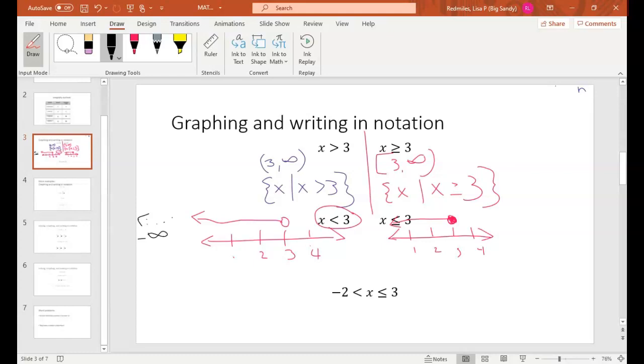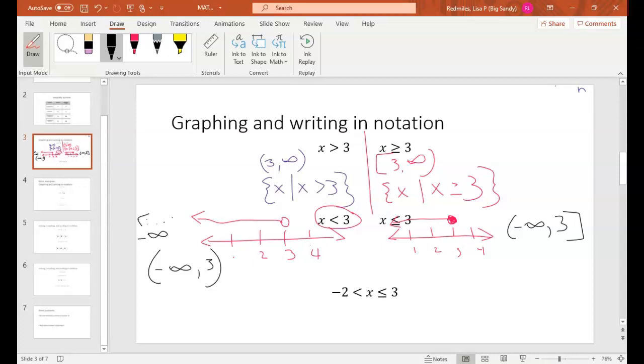Our interval notation, we always begin with the smaller number, so we do negative infinity to 3. So notice how that changes from the top one, when we had a greater than symbol. And then this one over here would be negative infinity, still parenthesis because it never equals negative infinity, but it does equal 3, so on the right side we have a bracket.